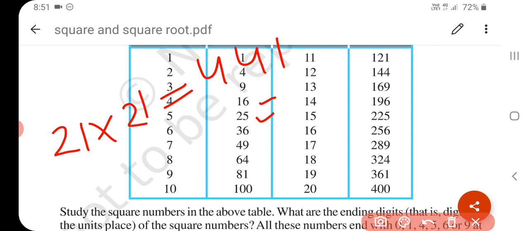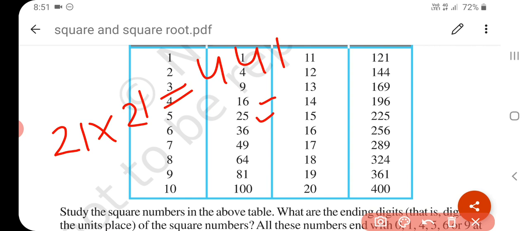Always remember, when we square any number, there is some sequence. When you square a number ending in 1, you always get 1 in the one's place, which means the square of that number always ends with 1.